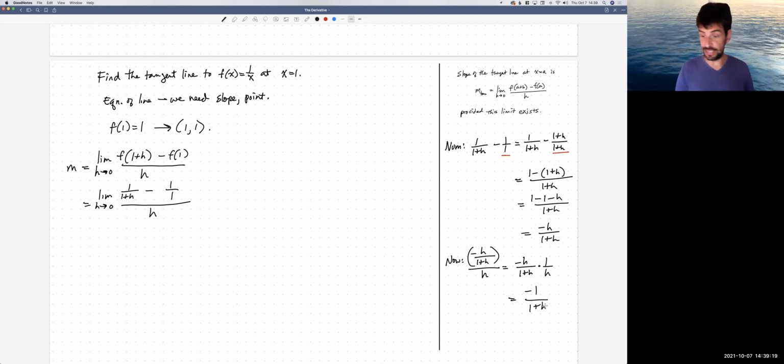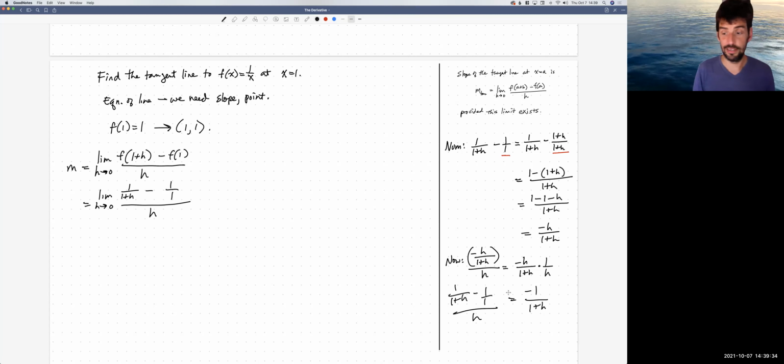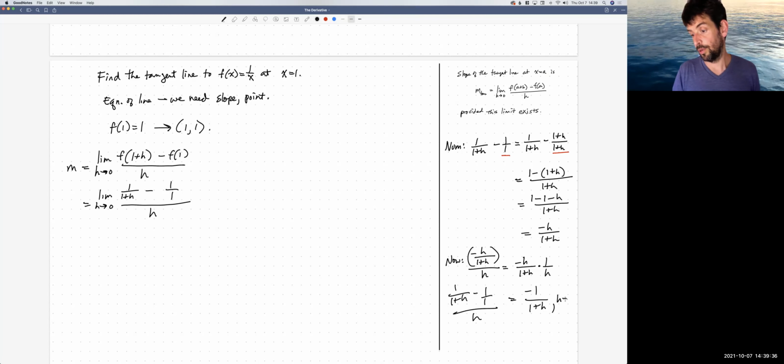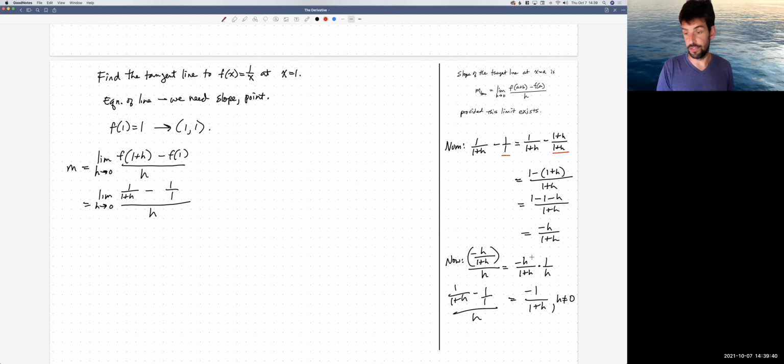Okay, so this expression is equivalent to our original expression, right? 1 over 1 plus h minus 1 over 1, all over h. Those are equivalent except at one place, when h is not equal to 0, because of this move right here.